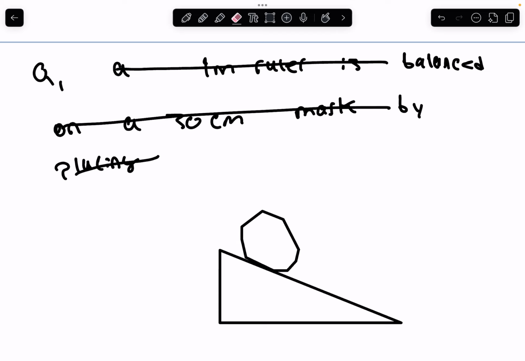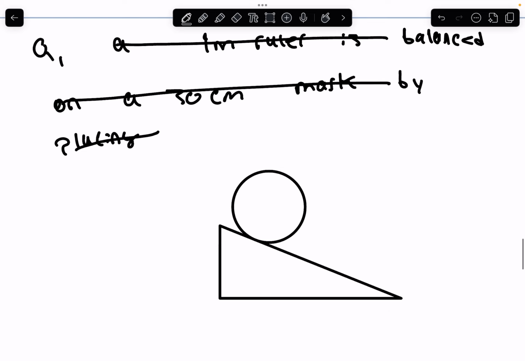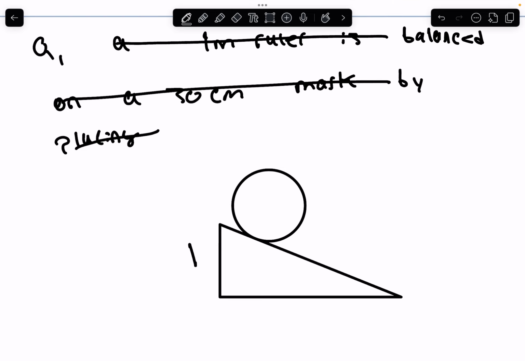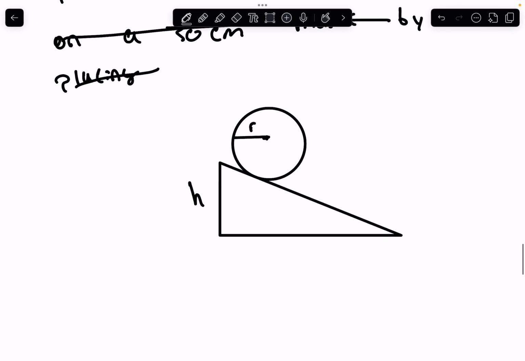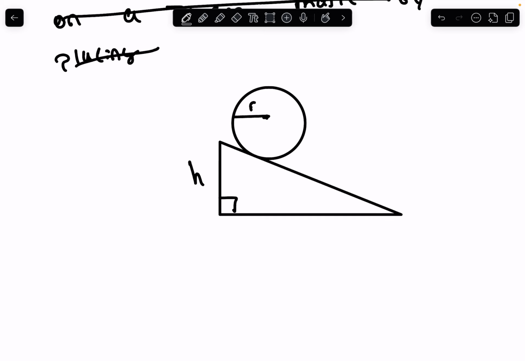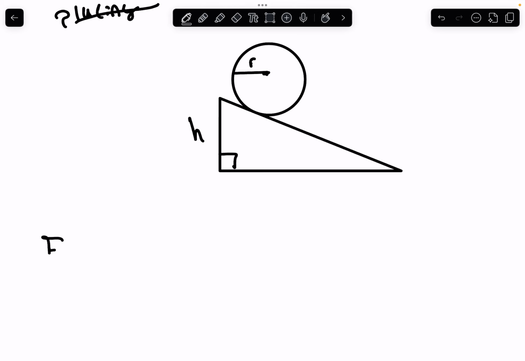It sits on top of a right-angled slope of height h. The ball has radius r. It is also given that the moment of inertia is 2 over 5 m r squared.